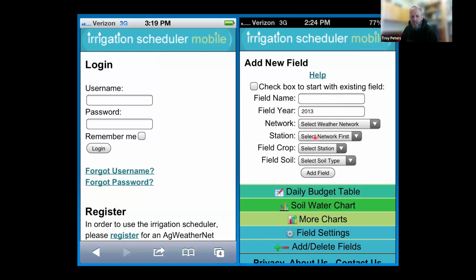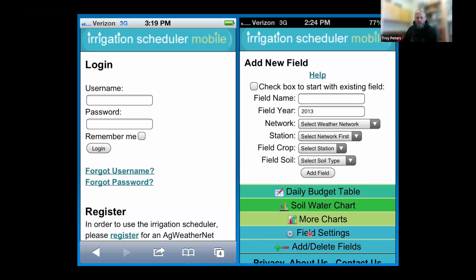We choose the station that's nearest us, and we choose our crop. Let's say alfalfa, and our soil. Let's say it's a silt loam, and it's going to add the field, and it's going to set it up for us with some default season dates for when we think alfalfa is going to start growing, and what the crop coefficients are, what the water holding capacity is for your soil, the field capacity, MAD, wilting point, rooting zone depths and stuff. We kind of get that started for you.